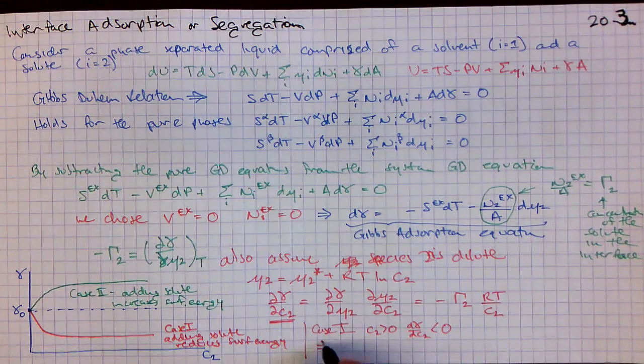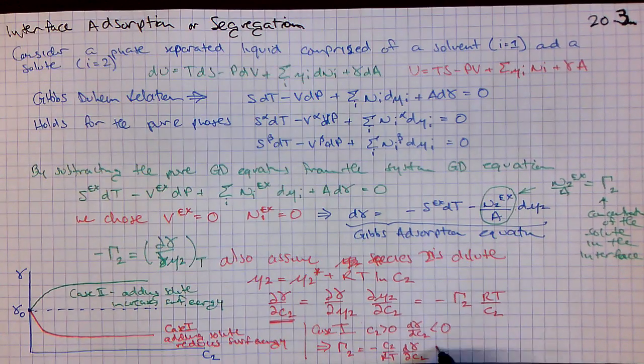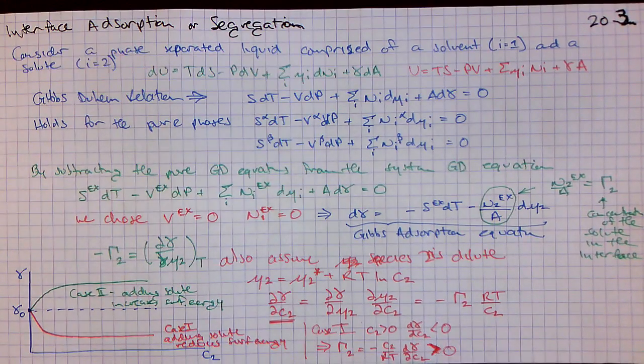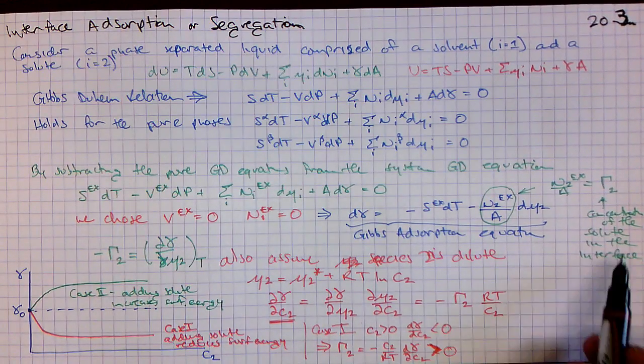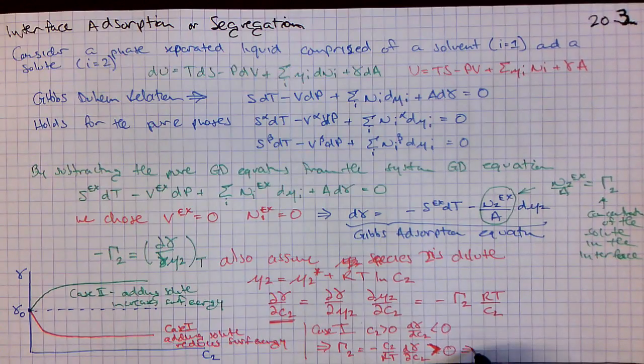So as a consequence, gamma_2, which is equal to minus C_2 over RT d gamma dC_2, right? This is greater than 0, this is greater than 0, this is all positive, this is negative. That has to be greater than 0 because this is negative and we have a negative sign. And so there will be an excess of solute in the interface.